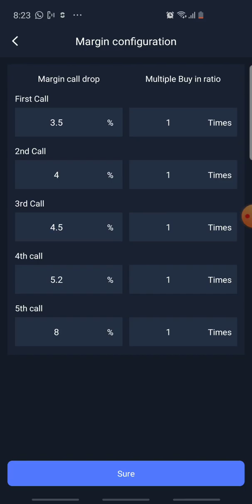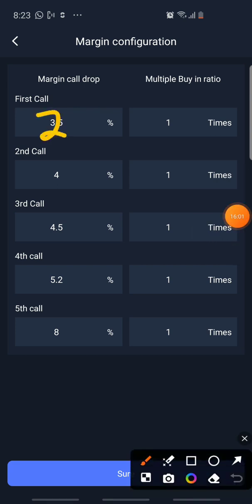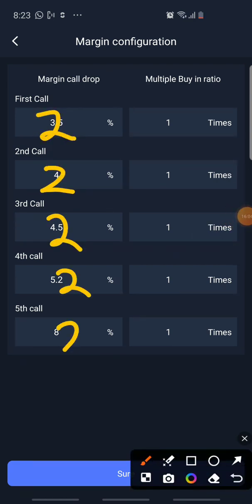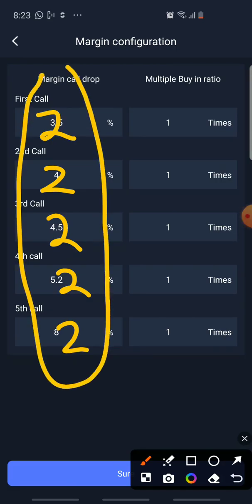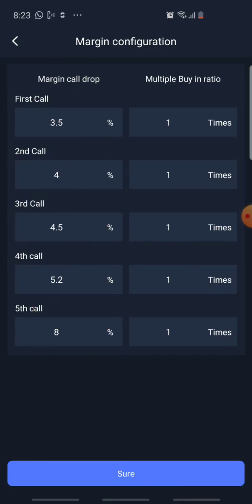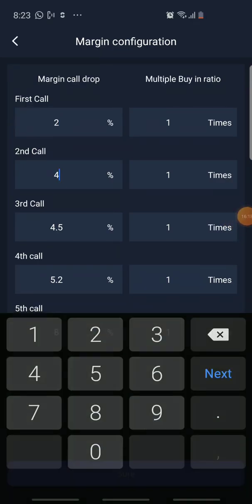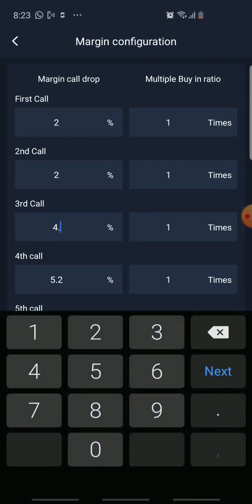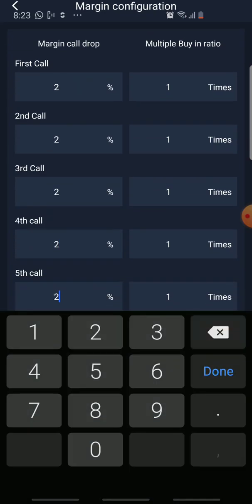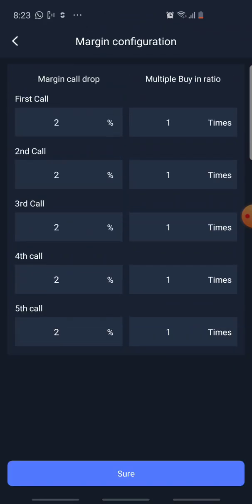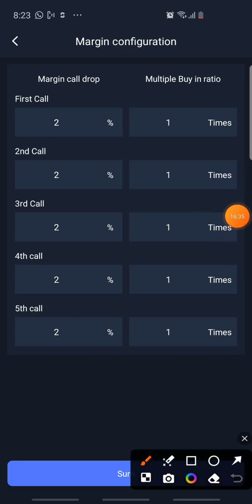For example, if there are 5 margin calls, I can put 2 here, 2 here. When I add up these margin calls, they will give me a total drop of 10%.